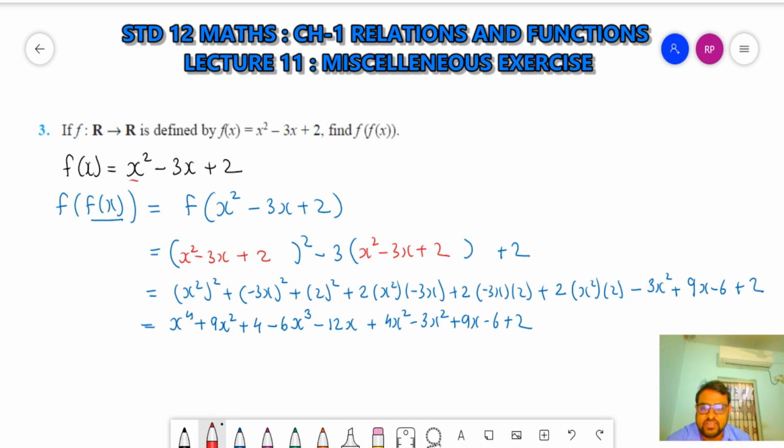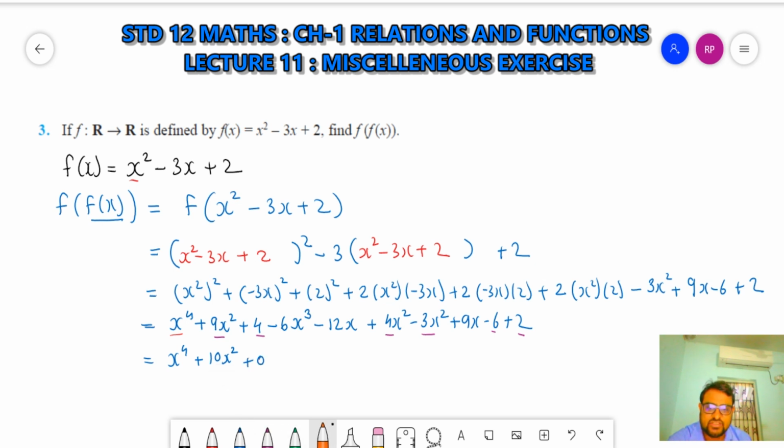Okay, so first let's take x raised to 4, there is only one term, so this will be equal to x raised to 4. Let's take x square: 9x square, 4x square, minus 3x square. Okay, so 9x square plus 4x square, that is 13x square, minus 3x square, 10x square, so plus 10x square. Okay, now let's take the constant term: 4 minus 6 plus 2, 4 minus 6 minus 2 plus 2, 0.